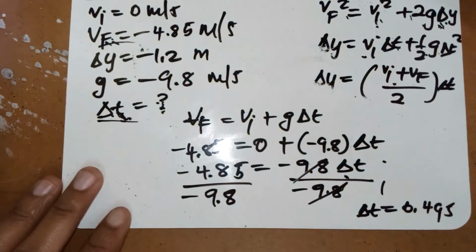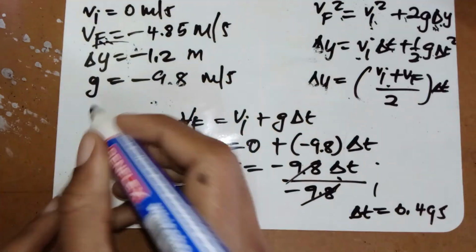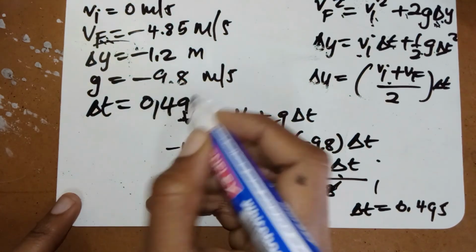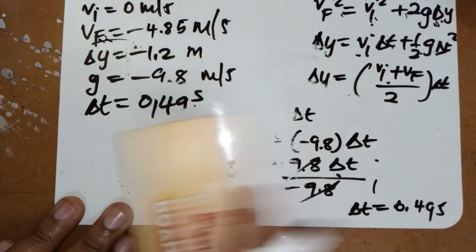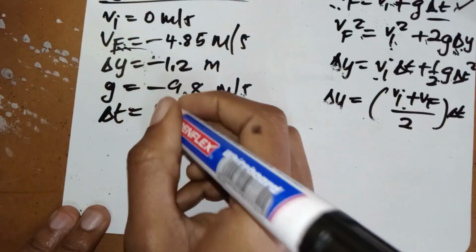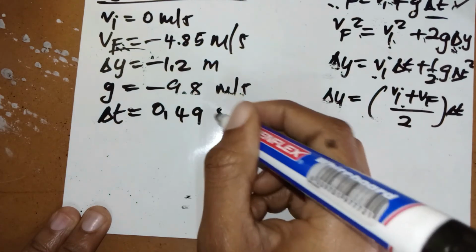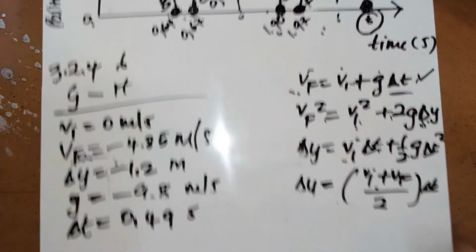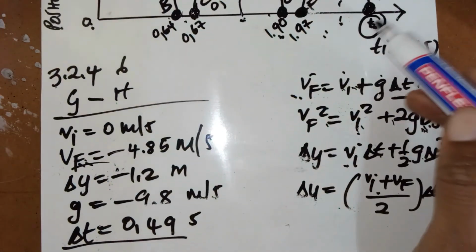But we're not looking for the change in time. So now we have found the change in time to be 0.49 seconds. So remember, we're not looking for the change in time, we're looking for this time here.